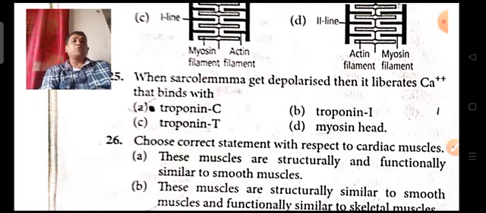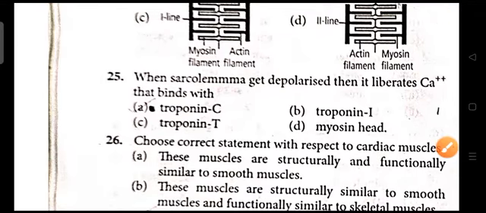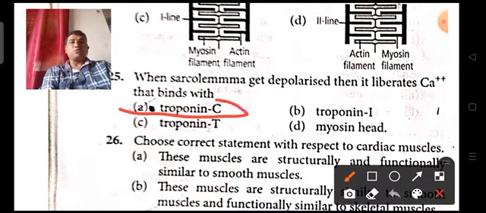Troponin is a complex of three subunits, that is troponin T, troponin I, and troponin C. Troponin C is a calcium binding. The name C itself tells you that it is going to bind with the calcium and helps in the process of muscle contraction.